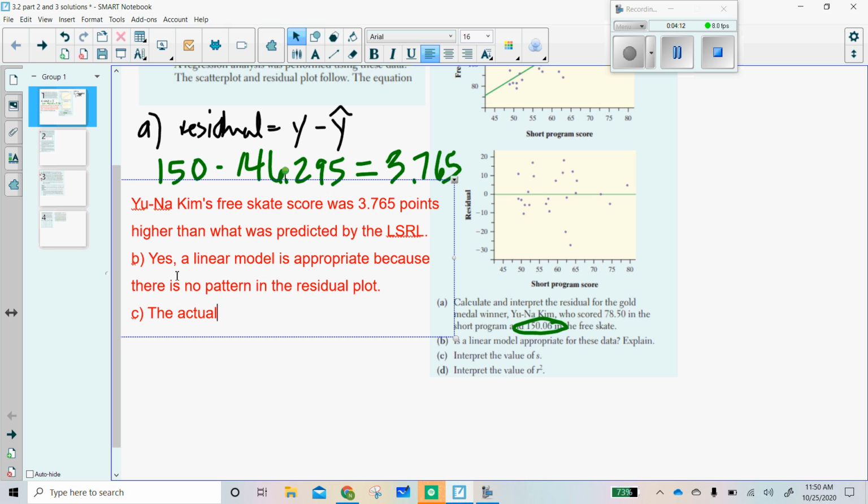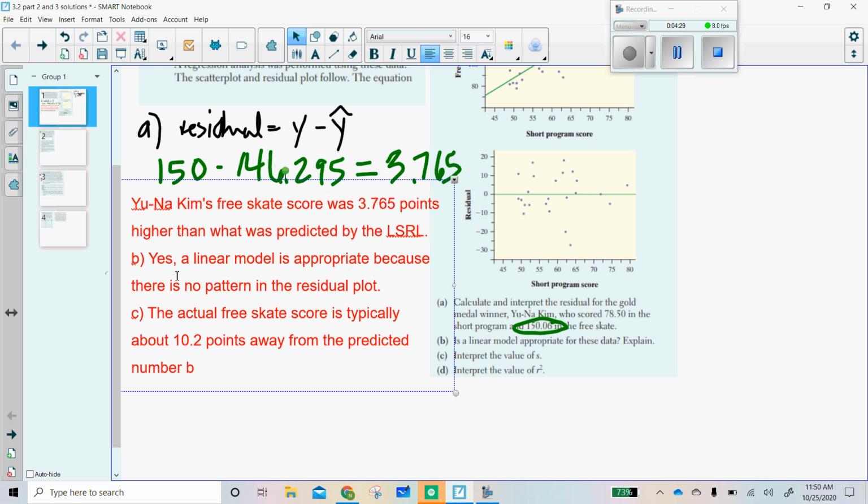The actual Y context, which in this case is free skate score: the actual free skate score is typically about 10.2 points away from the predicted number by the least squares regression line. That's about how far away the prediction is, typically, meaning it's an average distance.